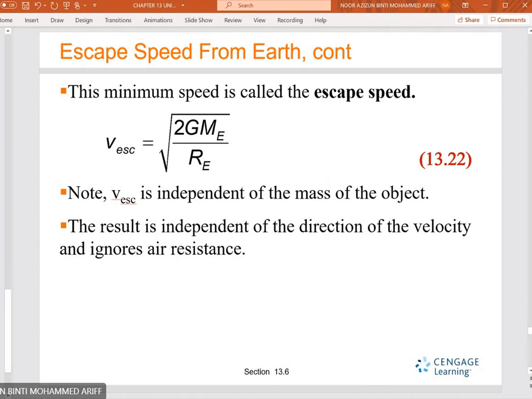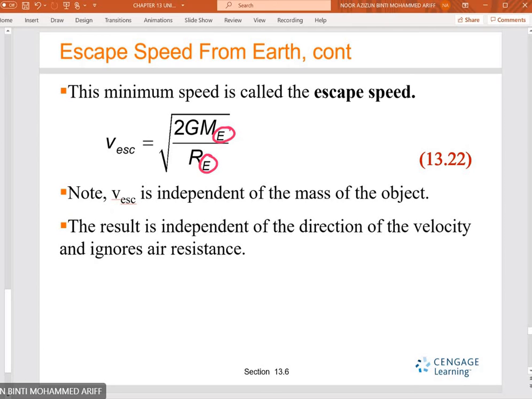For different planets, we replace the mass and the radius. This minimum speed we call escape speed. This escape speed is independent of the mass of the object. It doesn't matter how massive your rocket or space shuttle is, its escape speed does not depend on the mass.